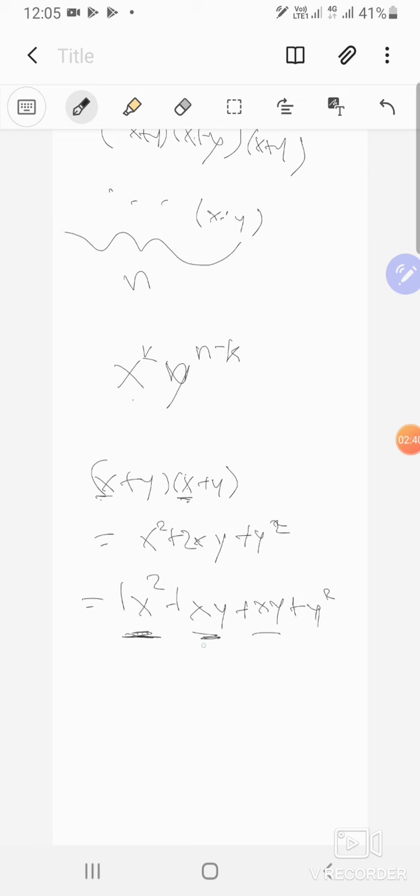But the number of ways in which we can multiply an x and a y, there are two ways in which we can do that, which is first by multiplying this x by this y, and secondly by multiplying this y by this x, and that's why you have two of these over here.